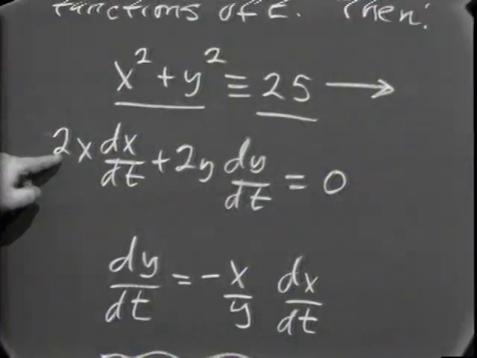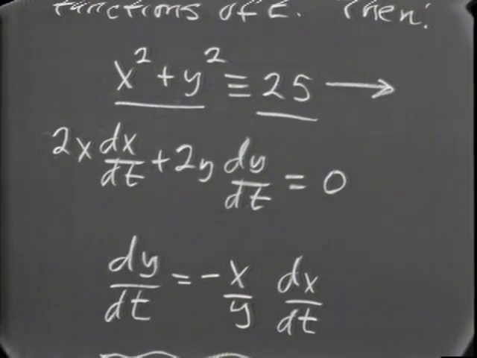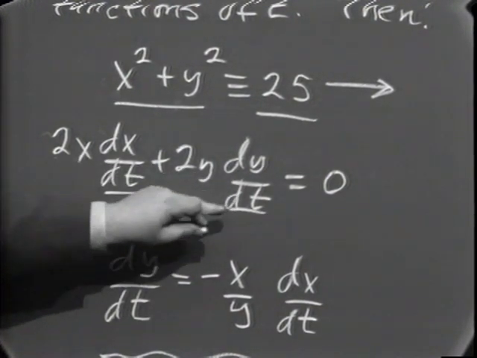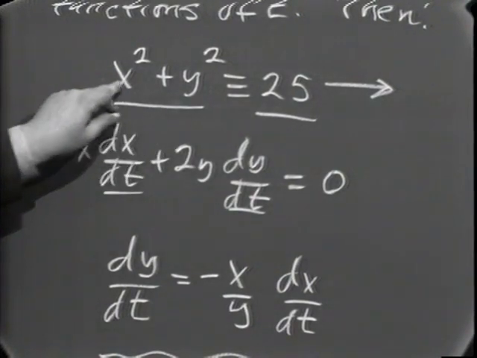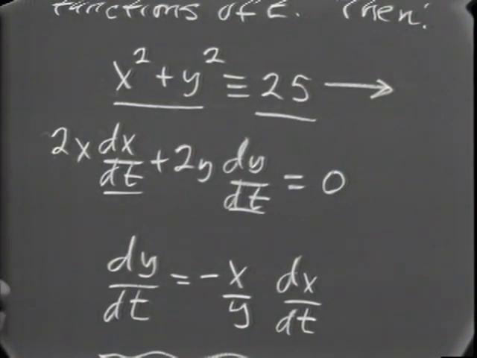If we do that, we get what? 2x dx dt plus 2y dy dt equals 0. You see, the same principle as before, even though we're now differentiating implicitly, with what we could call parametric equations. We're assuming that x and y are differentiable functions of t.